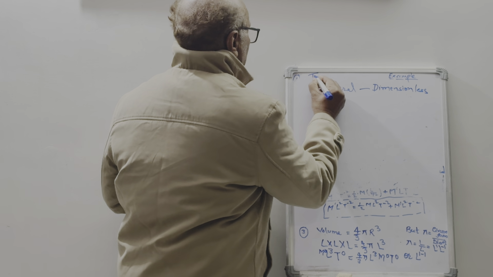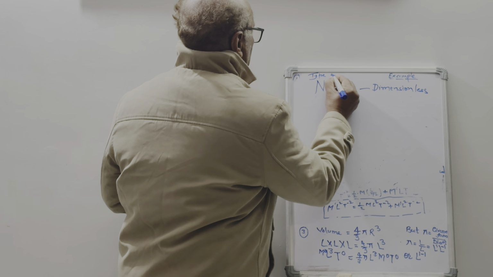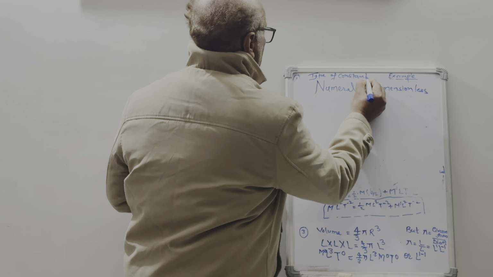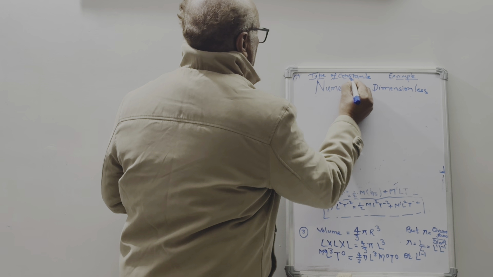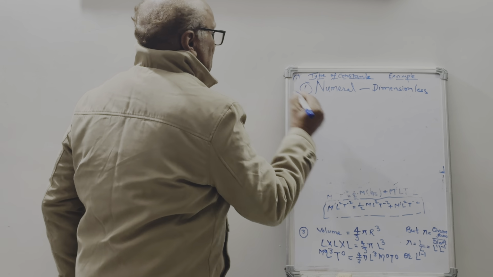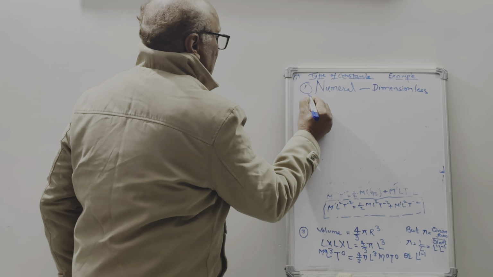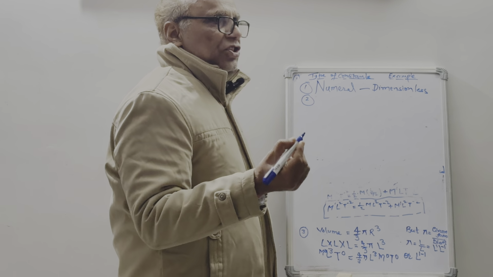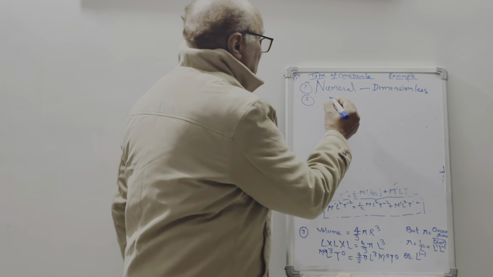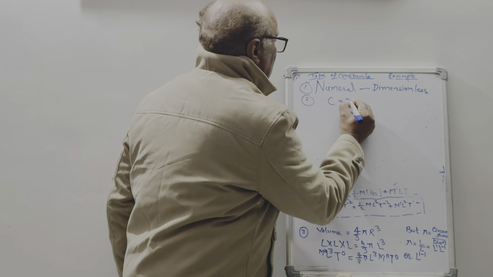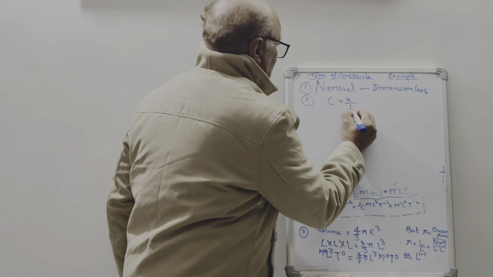This is a type of constants. Now, the second type of constants are physical constants such as G, H, C. So C is what? C is x upon t.